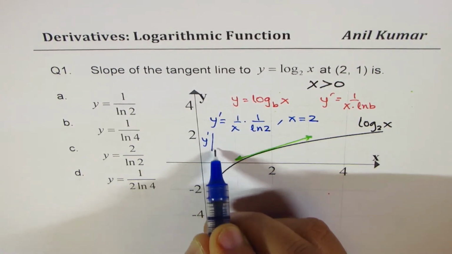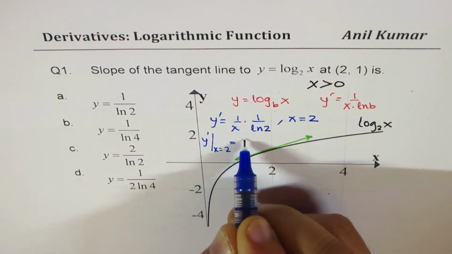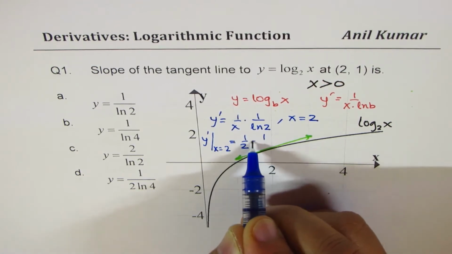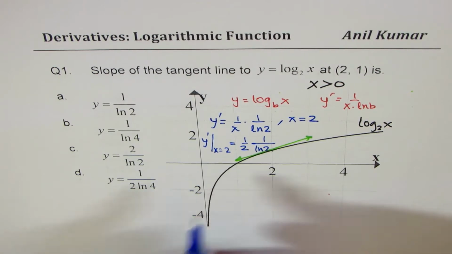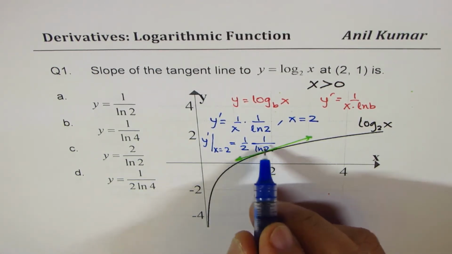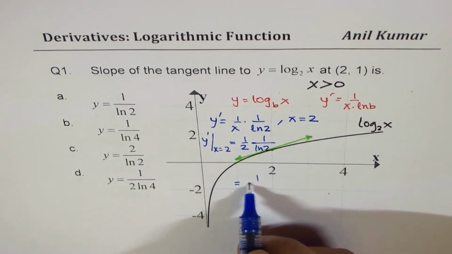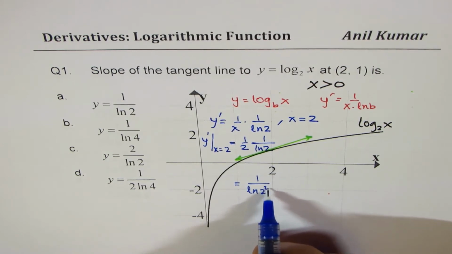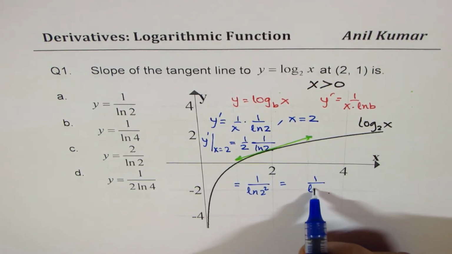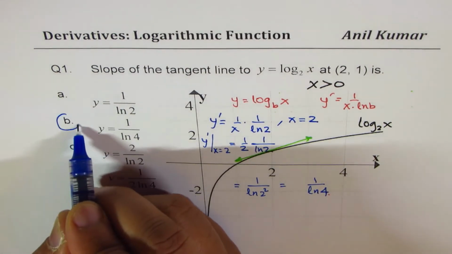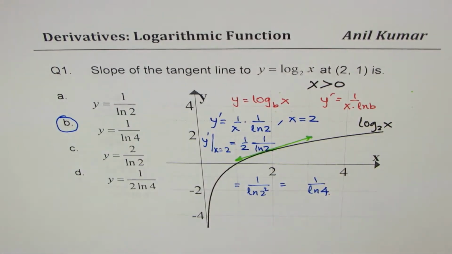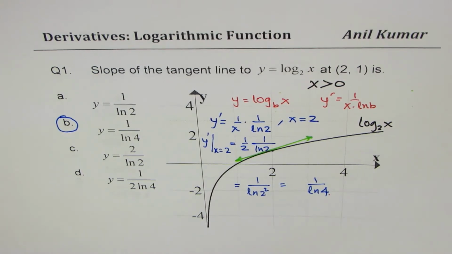So the derivative at x equals 2 will be 1 over 2 times 1 over ln 2, right? Now we don't have this option here, but we can apply the properties of logarithms and write this as 1 over ln 2 squared, which is 1 over ln 4, correct? So that is our answer. So the answer is option B. So I hope that is clear. It's kind of tricky. It's a very important first question which you might see in your test paper.